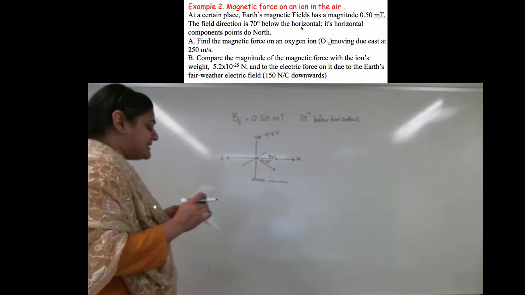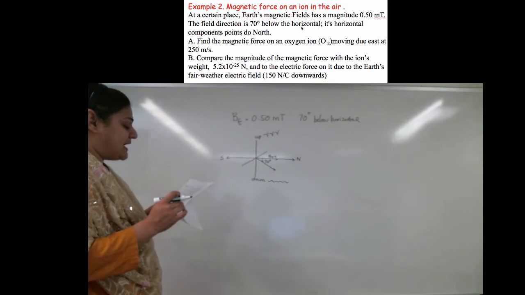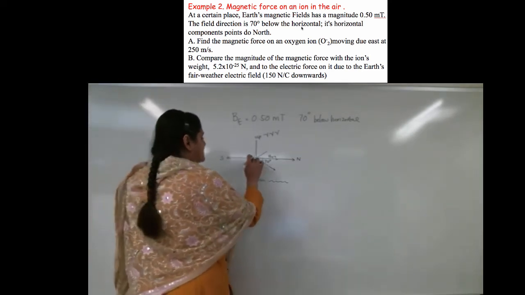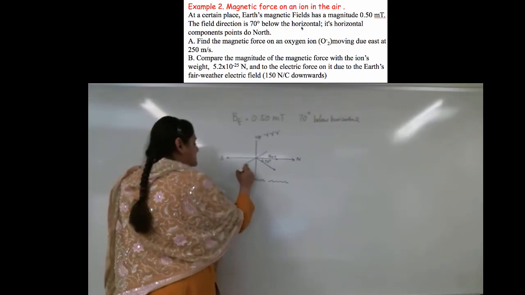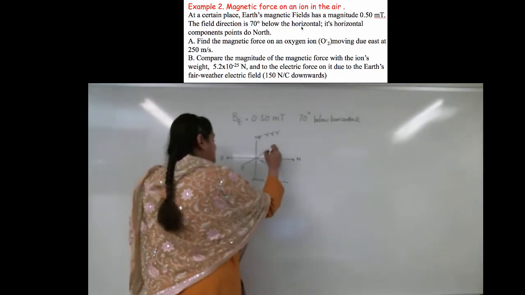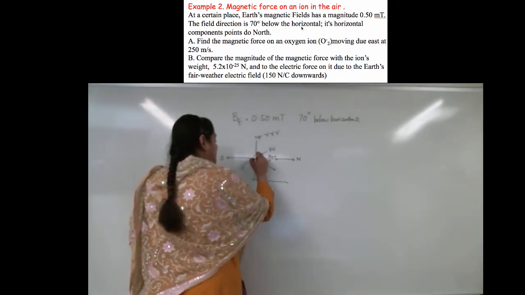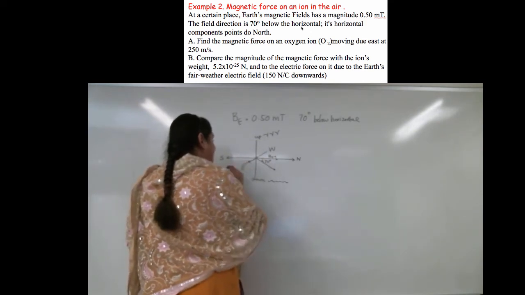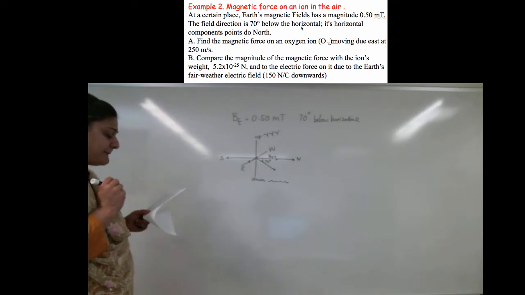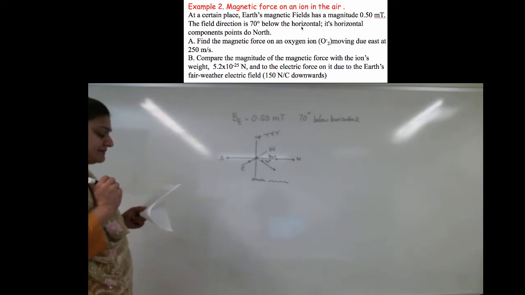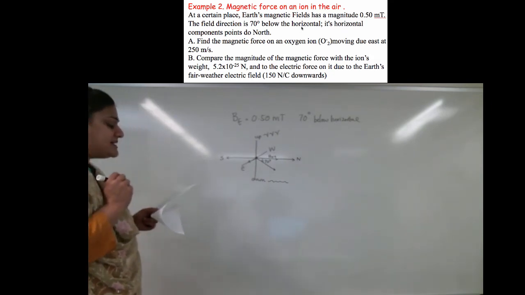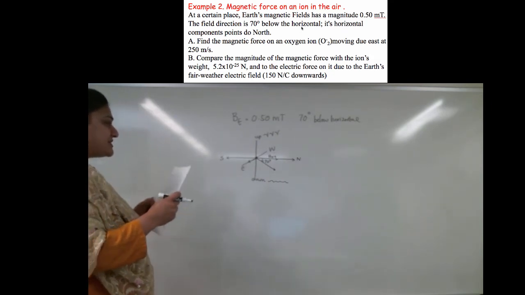Okay? Then it says that an oxygen ion is moving east. So if this is north, this is south, this is east, and this is west, this little oxygen ion is moving towards east. Then it says, find the force on the oxygen moving east at 250 meters per second.